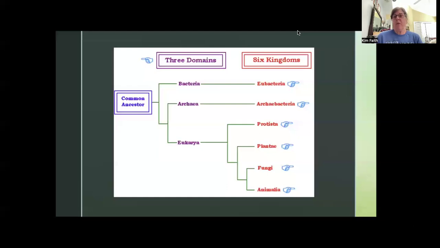Like I said, there's a new system using what we call clades that puts this into more detailed areas. We haven't completely accepted that nomenclature system or organization system yet, but it's becoming more and more well-known.